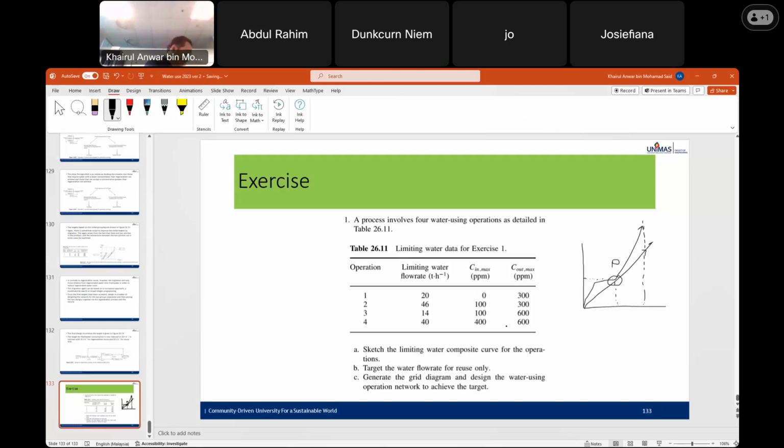How much, I'm not sure. You need to calculate. So once you get the pinch, you target the water flow rate for reuse.